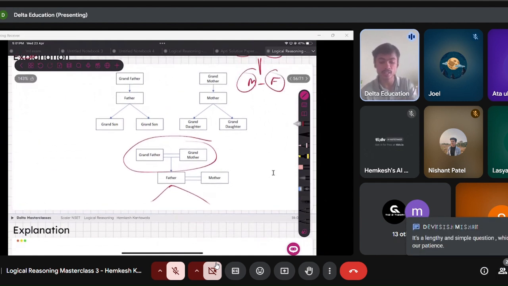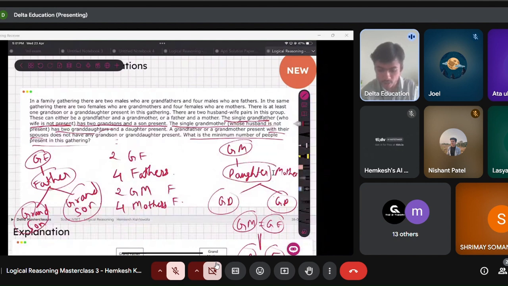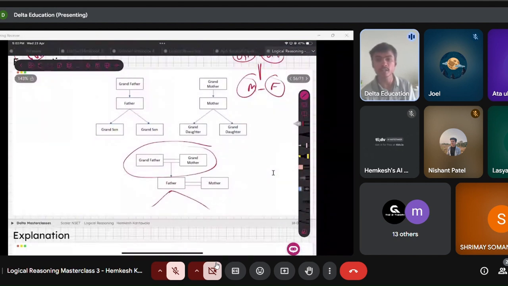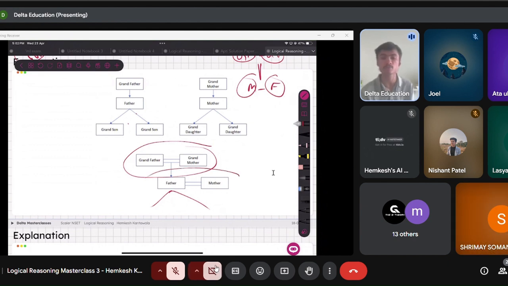As we know, there are two husband-wife pairs given in the question itself, and in the last two family trees there were no husband-wife pairs, so of course there would be a husband-wife pair here. So got it now? Any doubts?